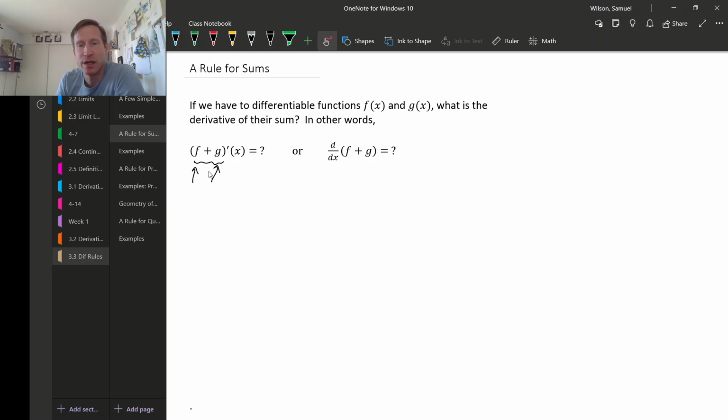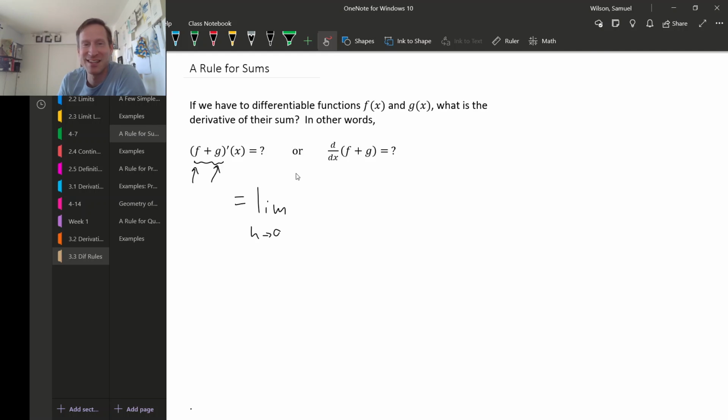So as we work this out, we'll have to keep ourselves on the lookout for limits that look like the derivative of f and the derivative of g. Since we don't have a derivative rule yet, we have to write down the definition. So this is the definition of the derivative as a limit.